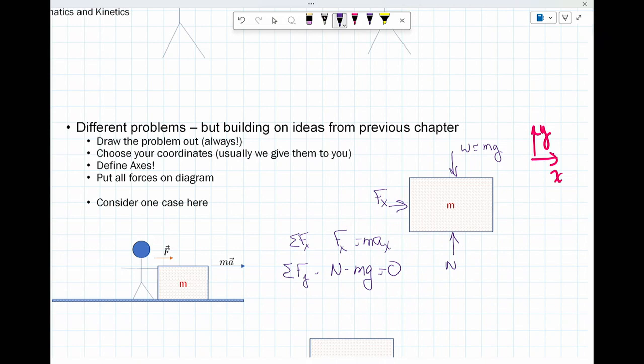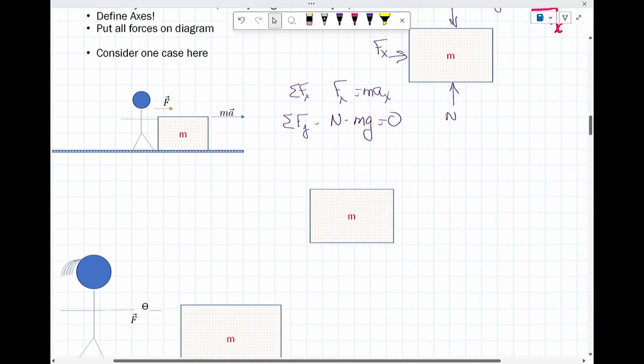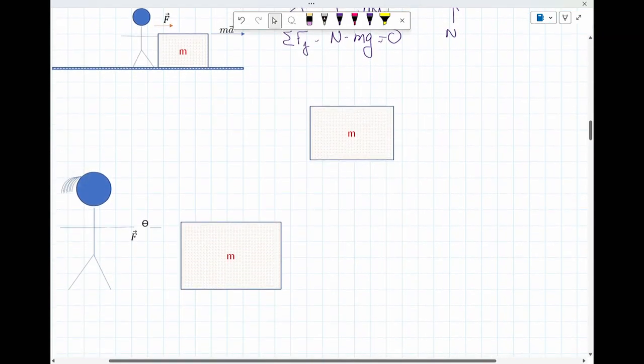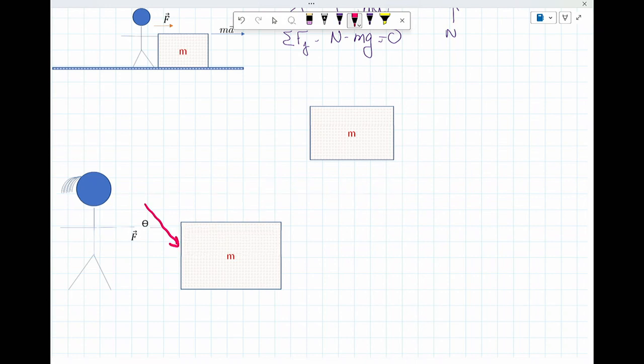The one that you spend a lot of time on are cases like this, where you have a force that is not applied horizontally, but is applied at an angle.